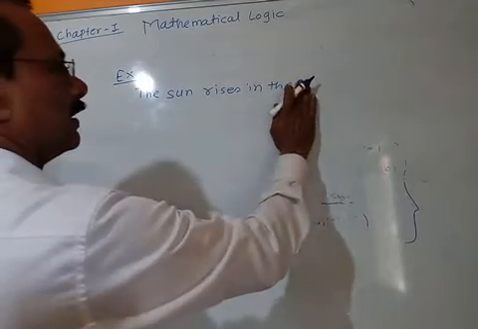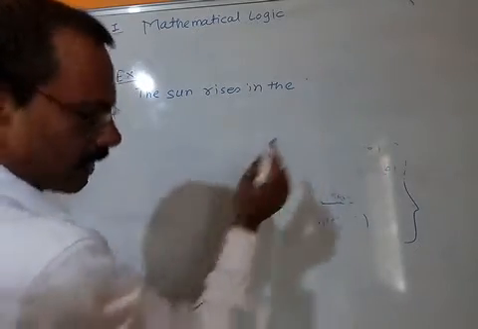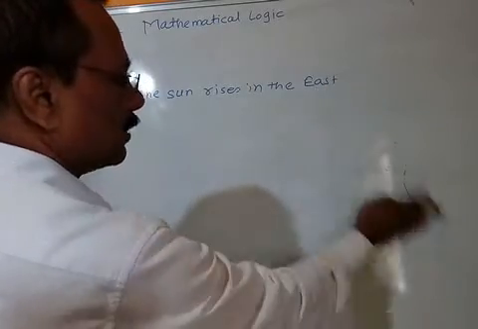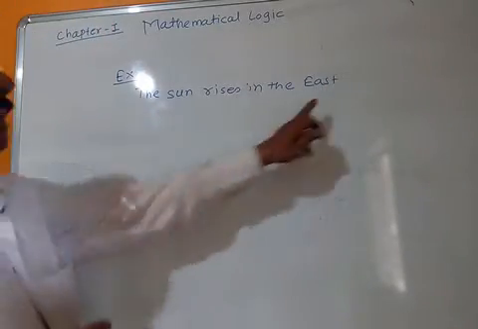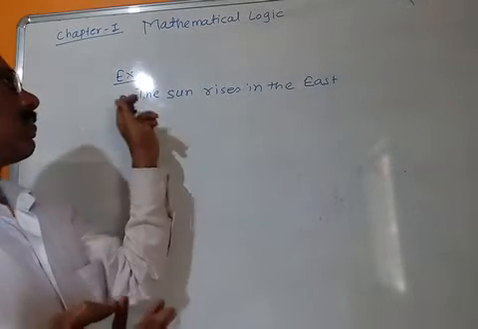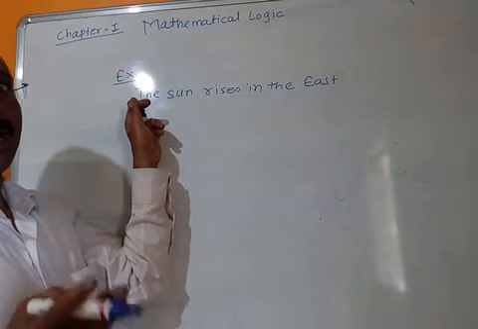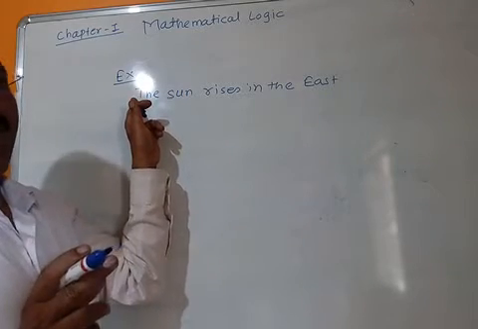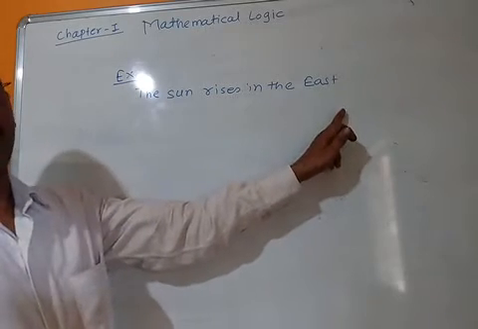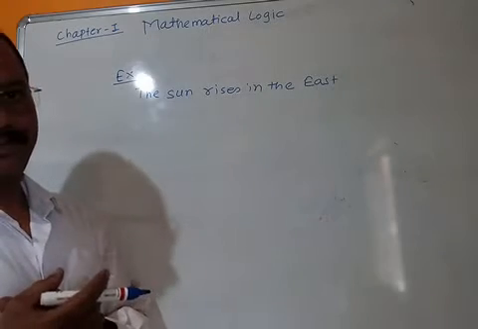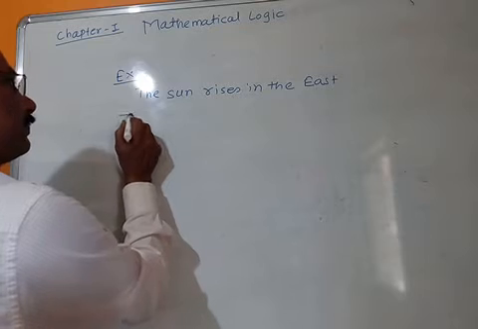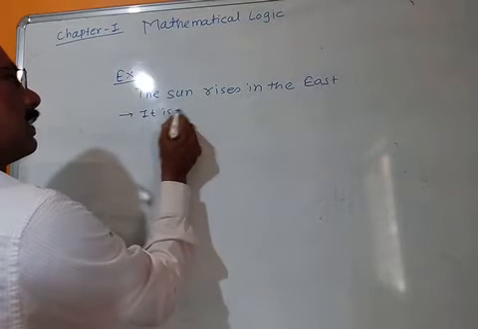Here there is no exclamatory mark, no question mark, no please, and no main verb. So it is an assertive sentence, so it is a statement. Very simple thing. It is a statement.